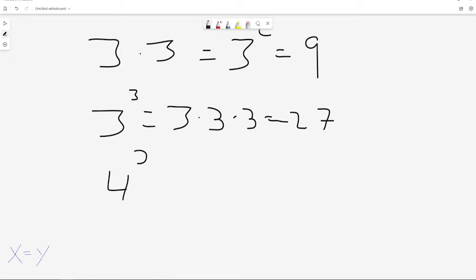And then 4 to the third would be the same thing, the equivalent of 4 times 4 times 4.